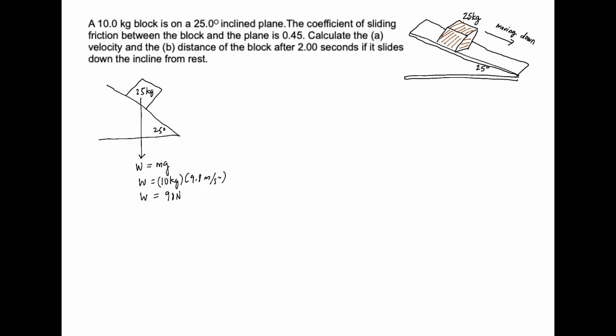Next, let's identify all the other forces here. We're going to have the force parallel, or the weight parallel, that would be the force coming from the weight, which is equal to sine theta mg. Another one is the frictional force.